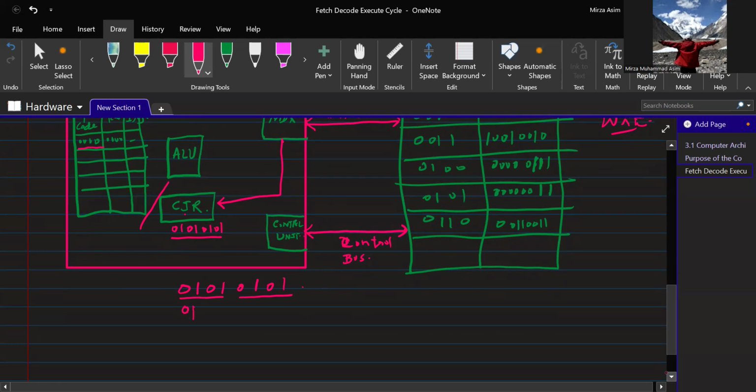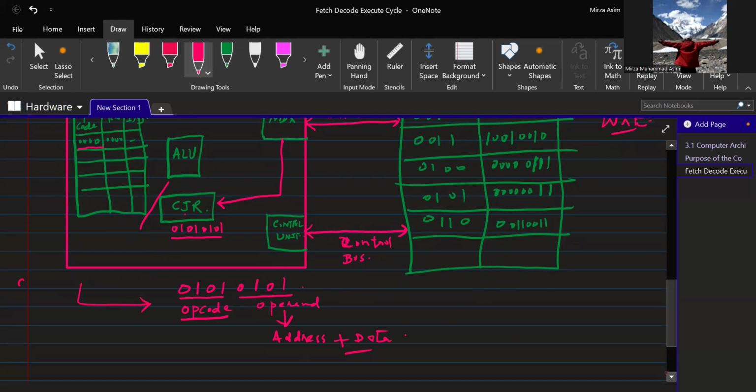This is the opcode, the operation code, and this is the operand. Operand means it can be an address where to find the data, or it can be data.